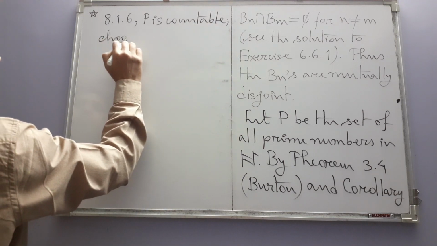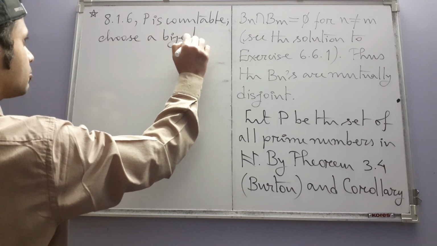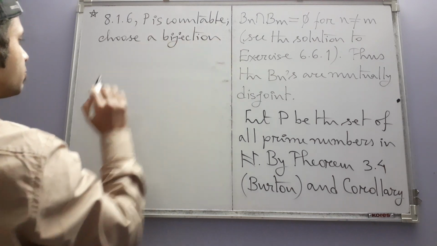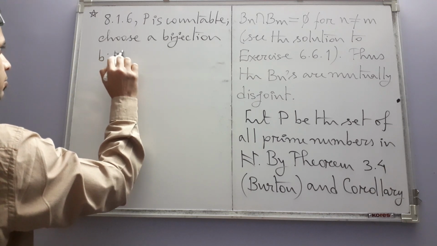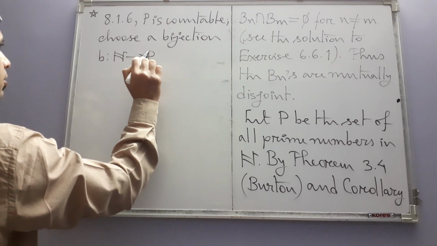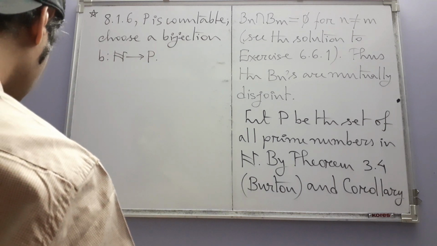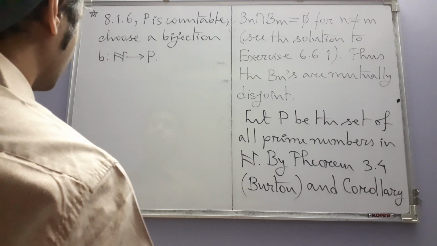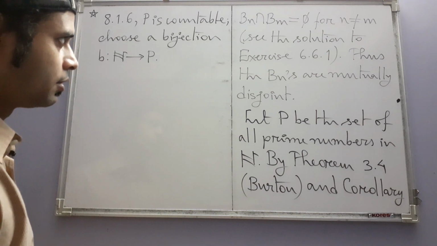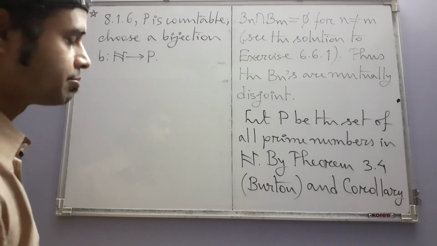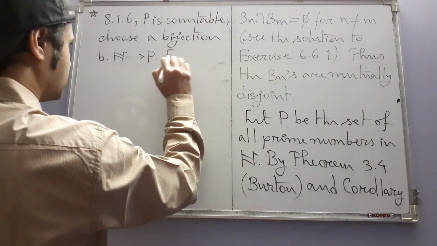So we can choose a bijection B from N onto P. Okay. Now for each natural number n, we are also going to define some subsets of the set of natural numbers.